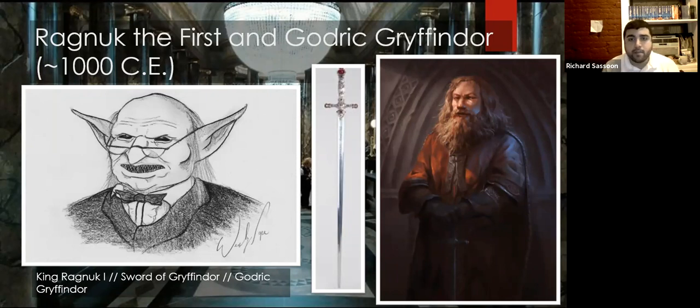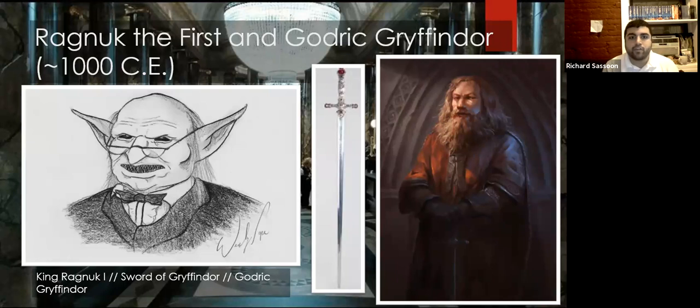And he was asked by Godric Gryffindor to create a magical sword. In the Harry Potter universe, goblins have unique smithing abilities, and they are able to forge weapons that wizards cannot match.